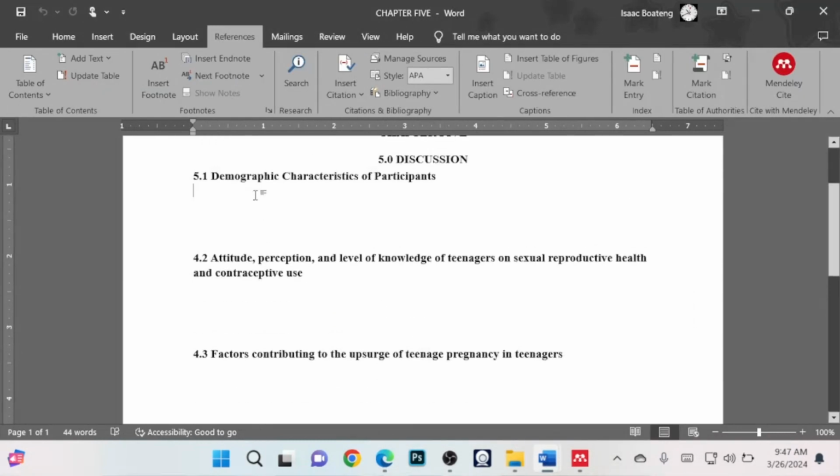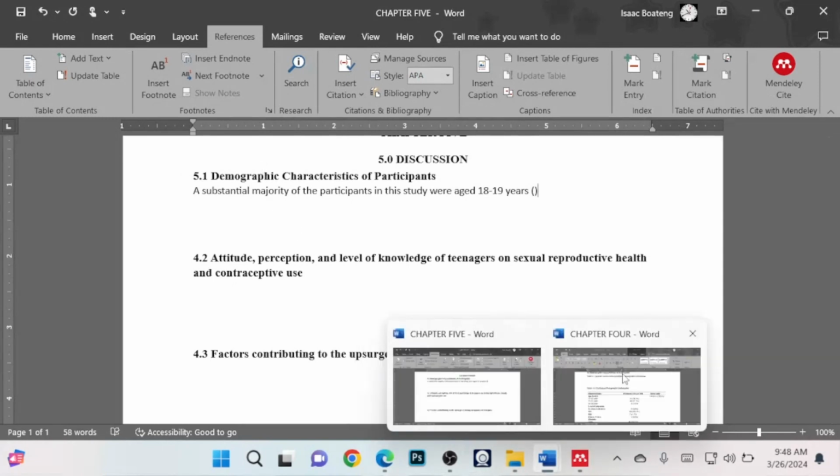A substantial majority of the participants in this study were aged, then I put the age range there, 18 to 19 years.